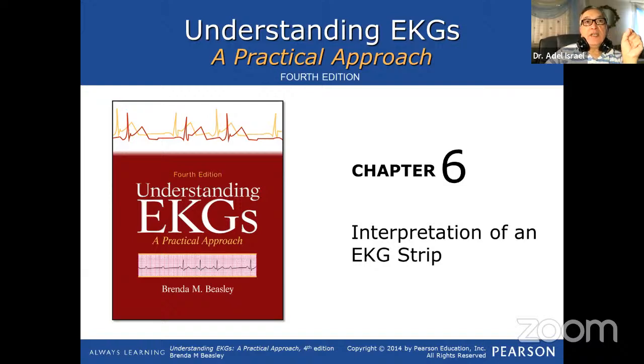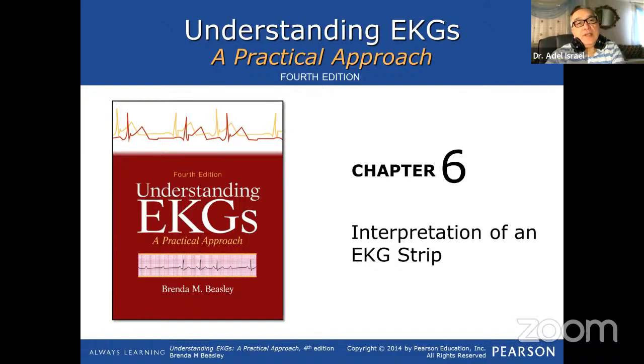So this is regarding the horizontal direction, which is for time. The vertical direction, we mentioned, is for millivolts. If we have 10 small boxes, it will be 1 millivolt. This millivolt is like the strength of electricity coming from the heart. And the highest wave is the R wave.